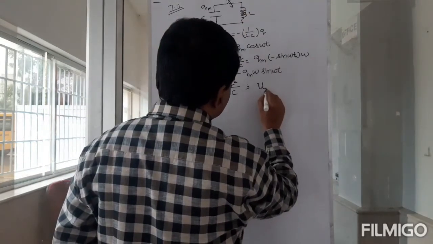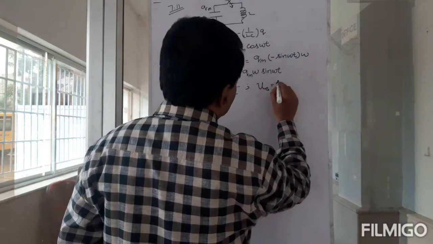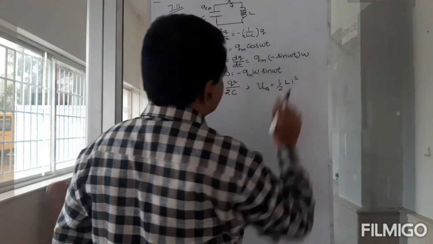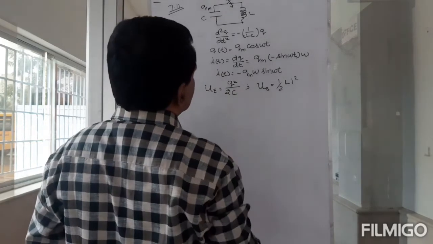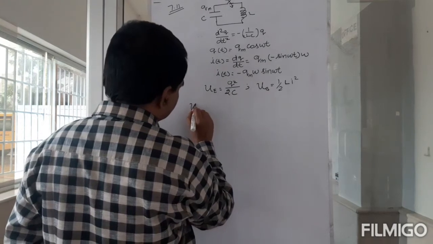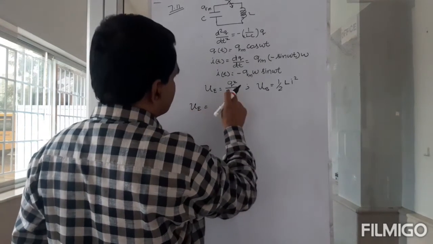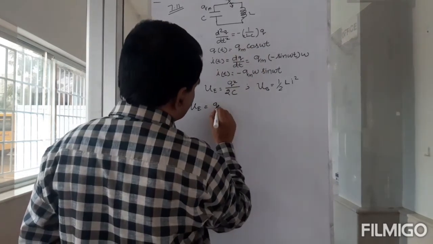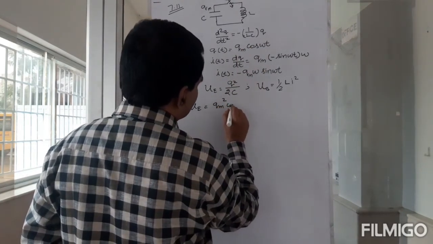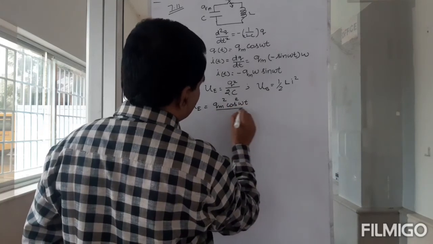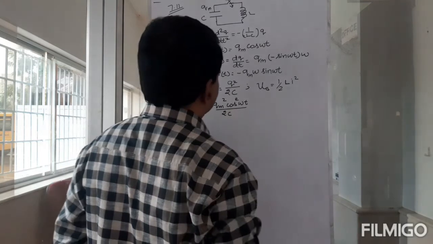That is UB, given by half L I at any time squared. So UE can be written as, instead of Q of t, I'm going to put this. So that's going to be Qm squared cos squared omega t by 2C.